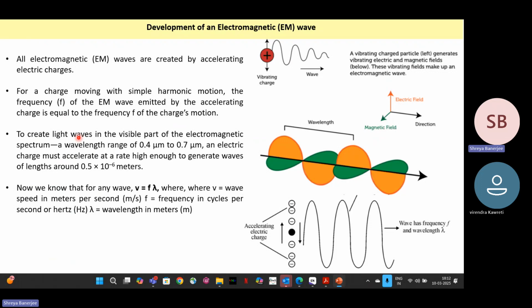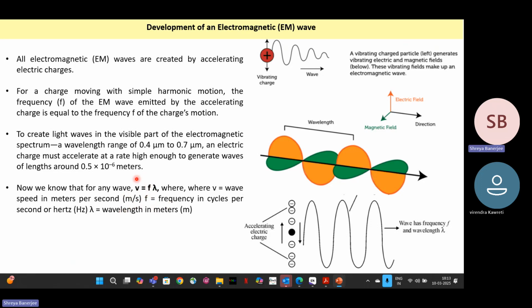Now, to create light waves in the visible part of the electromagnetic spectrum, the wavelength must range from 0.4 to 0.7 micrometer. And for that, the charge must accelerate at a high enough rate to generate waves within this wavelength. So how can we calculate the frequency of the charge? The general formula we know is that the velocity of any wave is the frequency times the wavelength.